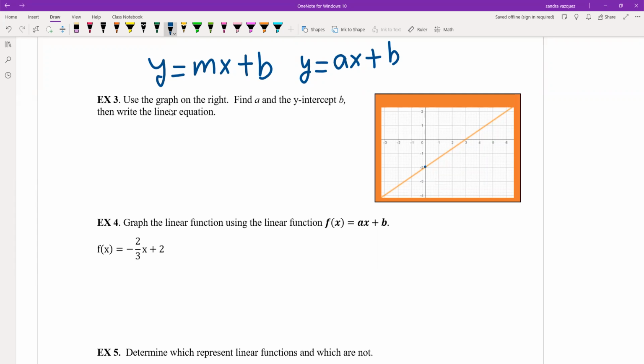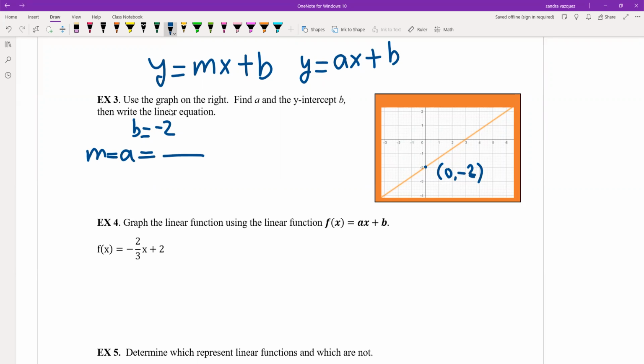The point is (0, -2). With that, I know that b is equal to -2.